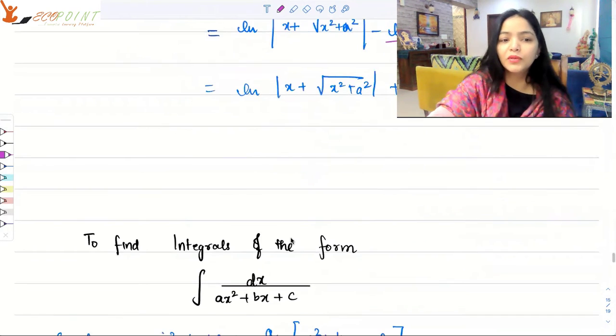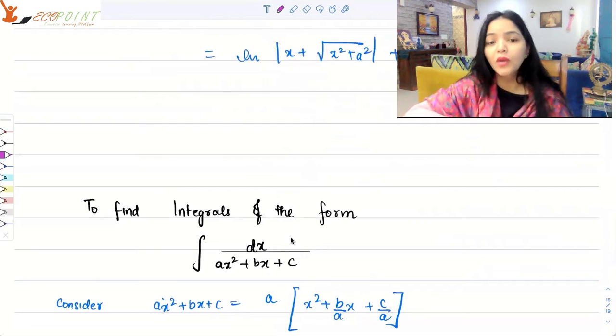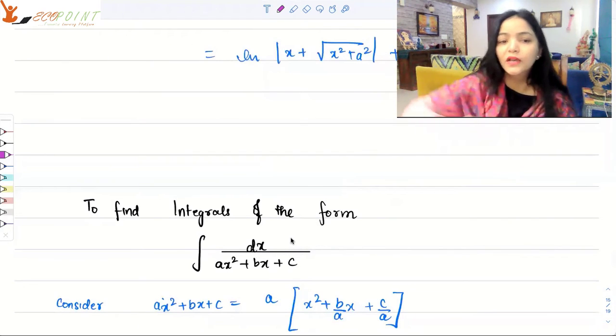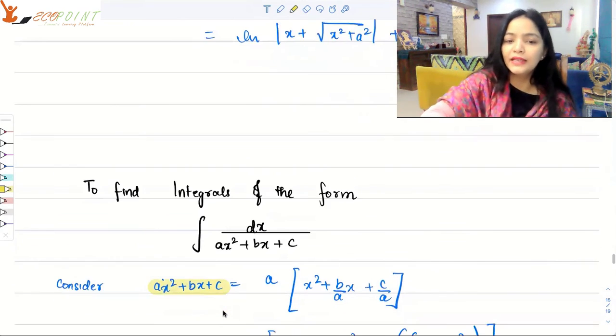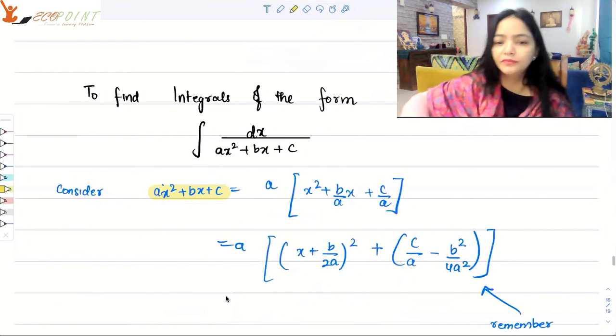Next, let's work on finding the integrals of the form 1 upon ax squared plus bx plus c. So if you have this kind of a form, how do you factorize and how do you simplify this situation if the integral is of this sort? So what you can do is just consider ax squared plus bx plus c, and let's take a common.